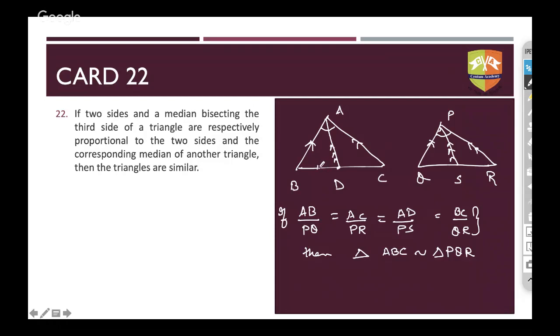So BD is equal to DC, and QS is equal to SR. So how do we go about it? AB by PQ is given equal, and AC by PR is also equal, and this is AD by PS. These three things are given. So how do we prove this?